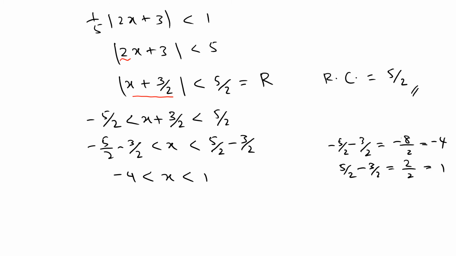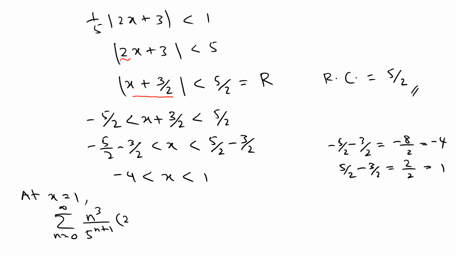Now what we're going to do, as before, is look at the endpoints. So let's look at x equal 1. You're going to get the sum from n equals 0 to infinity of n cubed over 5n plus 1.